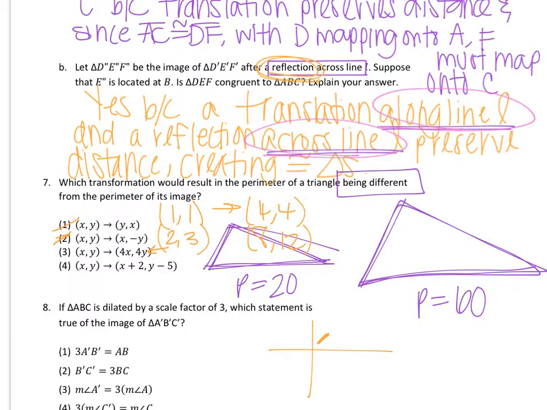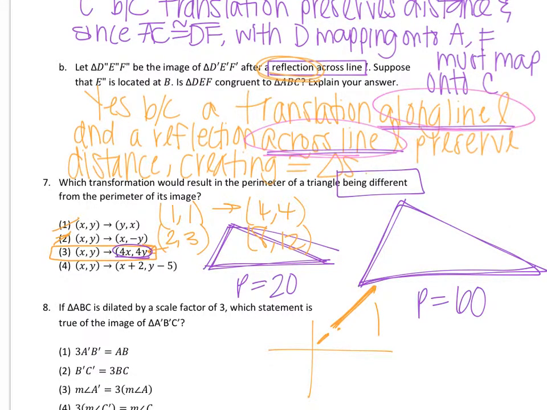Then if I plot 4, 4 over 4 up 4 over 8 up 12, now this second line segment is much larger than the first one, which means if I am multiplying, then my distances change. My perimeters get different. They get larger or smaller, but in this case they get larger because it's a multiplication of 4.